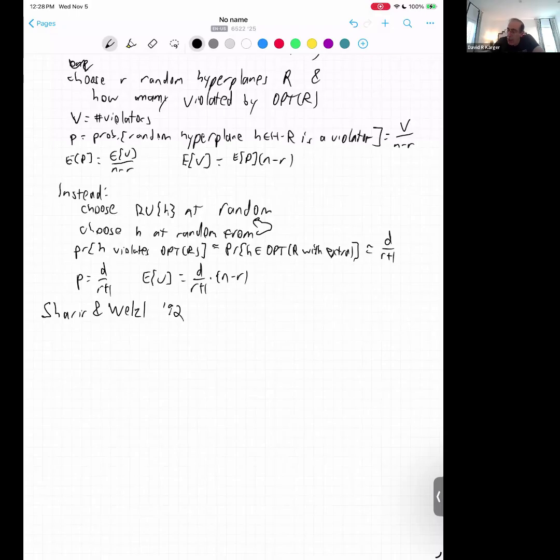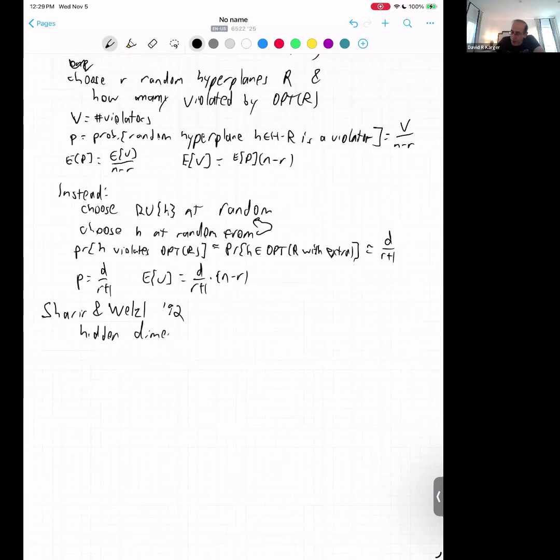Clarkson's original sampling-based linear programming algorithm was in 1988, and we're going to get to the end of the story around 1992. So there was this flurry of progress in the late 80s, early 90s that gave all of these ideas. And they introduced an idea called hidden dimension.